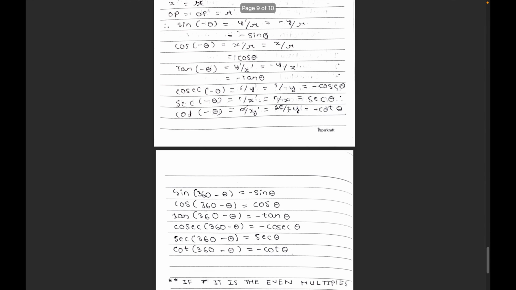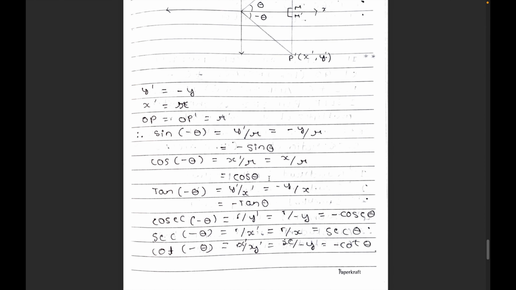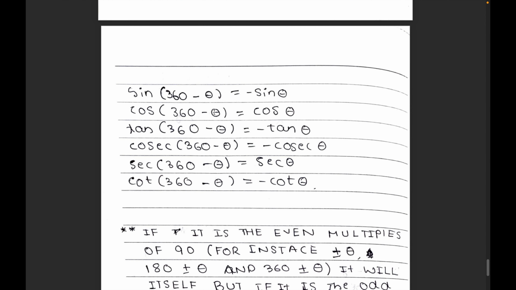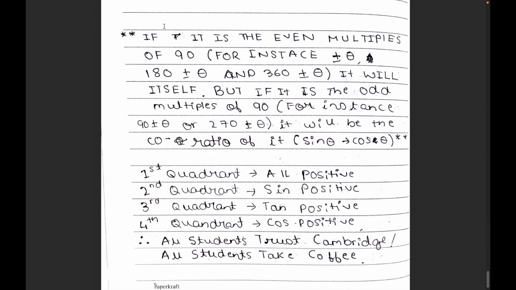Okay. So now that you've seen this, I will tell you a rule of thumb that you can use. If it is the even multiples of 90, for instance, 180 plus or minus alpha, and 360 plus or minus alpha, it will be the ratio itself.